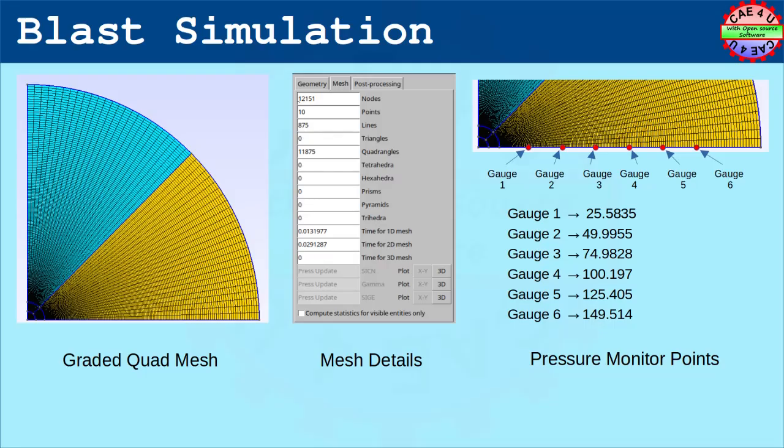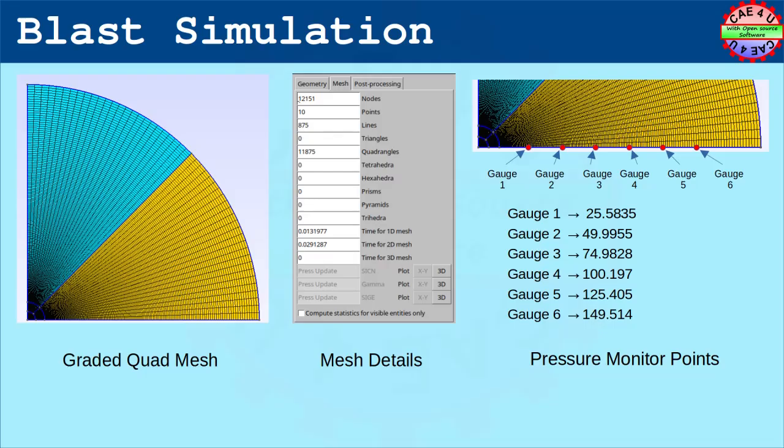The output which we are interested in is the blast pressure, which we will probe at various distances from the detonation point. Sometimes it is even useful to place the nodes at the monitor points, but we didn't strictly follow that in this case. We are interested in finding the peak pressure up to approximately 10 times the charge radius from the detonation point, which is about 150 centimeters.